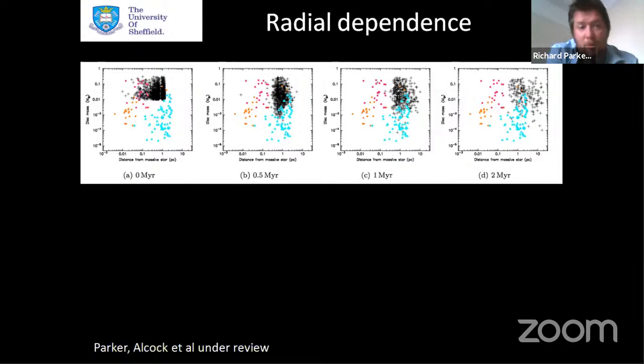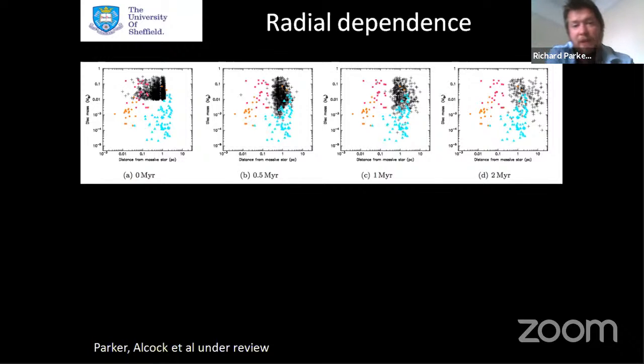The first thing to notice is that when you have a dense stellar environment like the ONC, you get a significant amount of expansion. The star forming regions expand. And so it's very difficult to exactly match the observed positions of the low mass stars with disks.